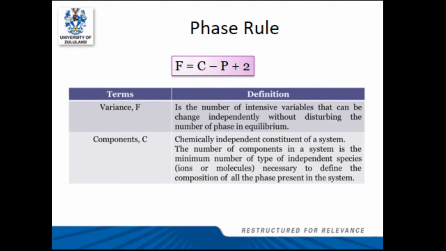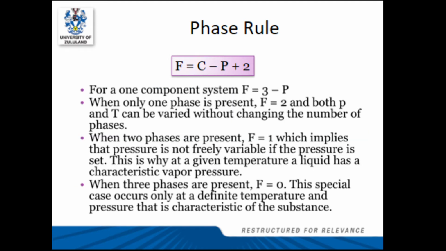The other term in this equation is P, which represents the phases. As we know, we can have three different phases depending on the system. When we are given the reaction, it will show whether the species is in gaseous form, liquid form, or solid form.